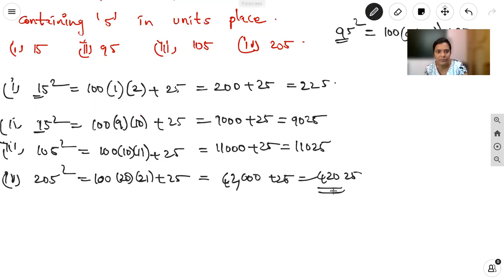These are the squares of the numbers containing 5 in the units place. That is the rule.